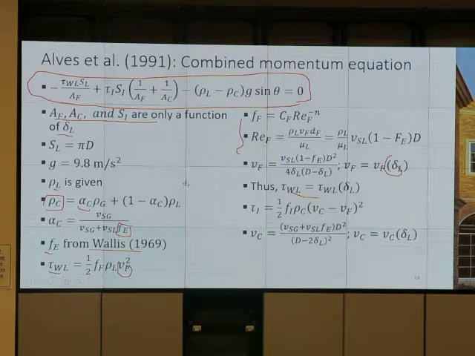We solve it numerically, we get the answer, we get thickness, we get delta, and then what? We substitute it back to get every parameter that is dependent upon delta. We get every shear stress, every area, everything. Then what?